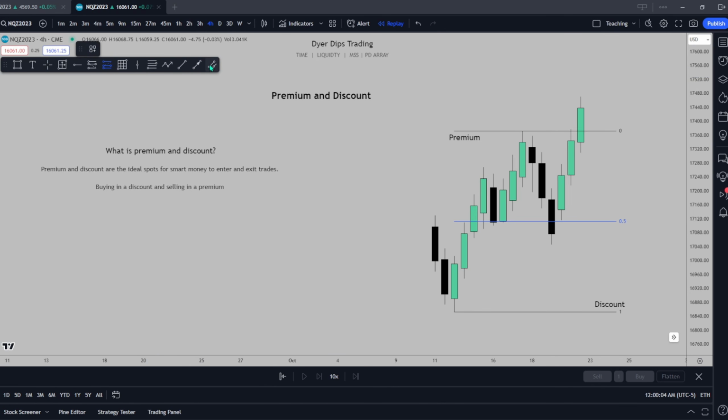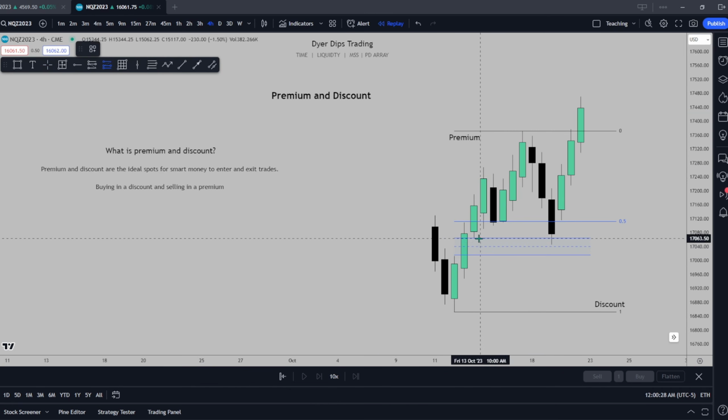Now, not only that, but we do also have a fair value gap here. I know I haven't covered fair value gaps in the beginner's course yet, and I promise you we will go over all of those PD arrays. And by the way, PD stands for premium and discount, so this all does come full circle. But this PD array, or premium and discount array, is a fair value gap, and price bounces off of it and then continues higher.